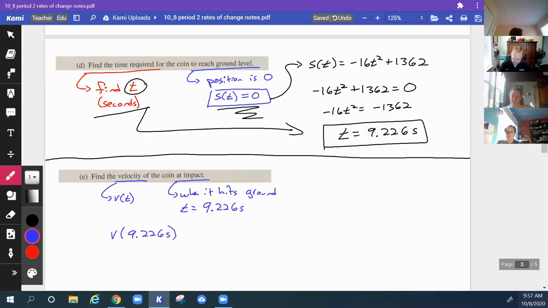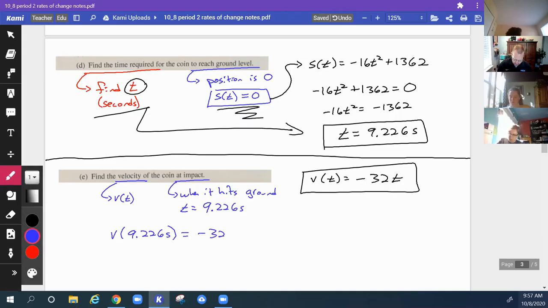From earlier, velocity was negative 32t. That was my velocity equation. So I just want to calculate negative 32 times 9.226, and that will tell you my velocity at impact.